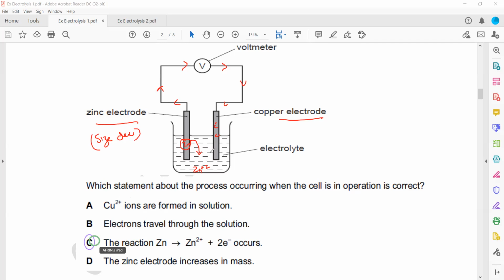So, which statement about the process occurring when the cell is operational? Copper ions are formed? Copper ions are not formed because copper is less reactive, it does not react. Electrons travel through the solution? Electrons never travel through the solution. Electrons always move through the wires.